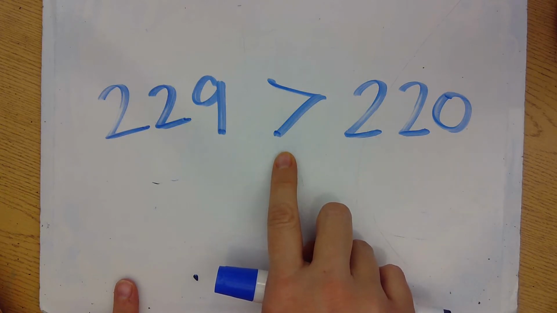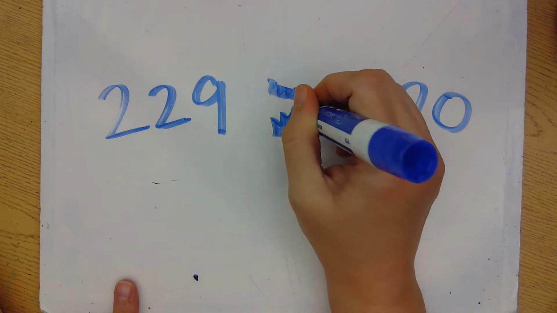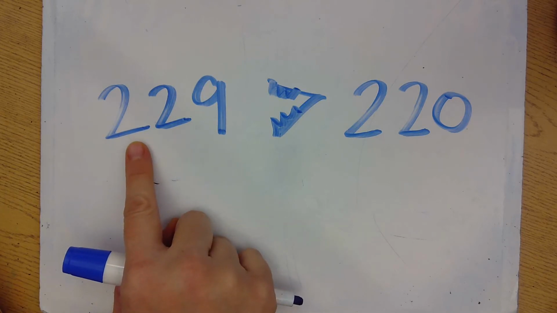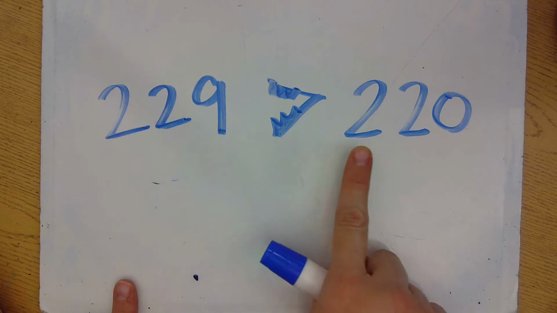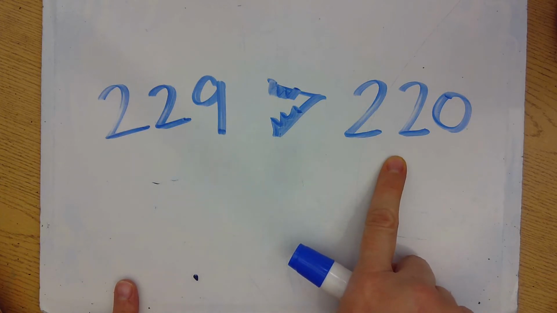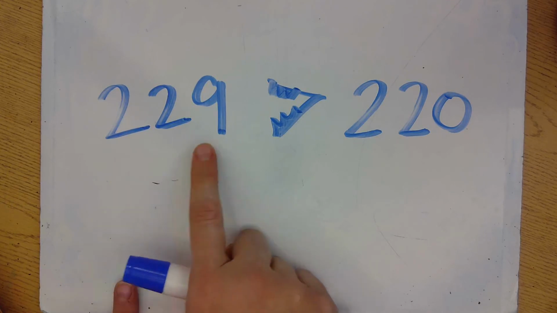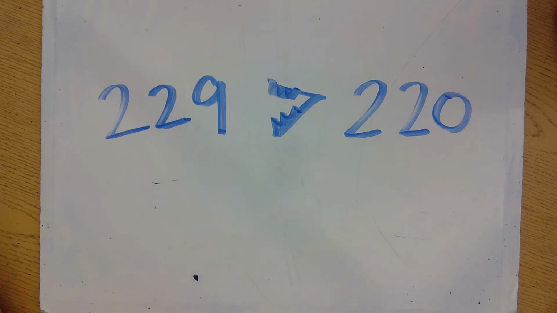Like I said, if you pretend that that symbol is an alligator's mouth, the alligator's mouth is always going to open up to the bigger number. So when we read this as a sentence, we say 229 is greater than 220. So if the number at the front is bigger, we use the greater than symbol. If the number at the front is smaller, we use the less than symbol.